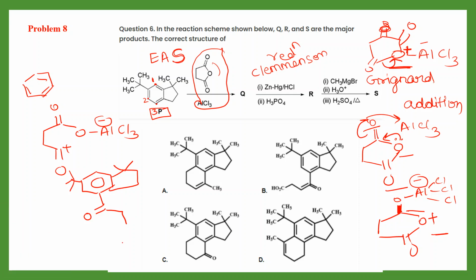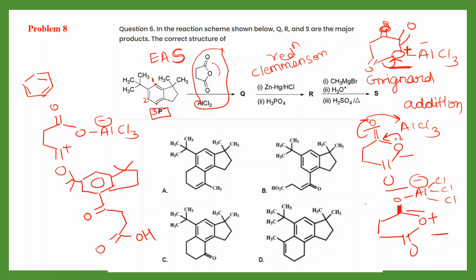One, two carbons, and after workup AlCl3 will become OH. Understood till here? Everyone? Just an electrophilic aromatic substitution reaction has taken place.